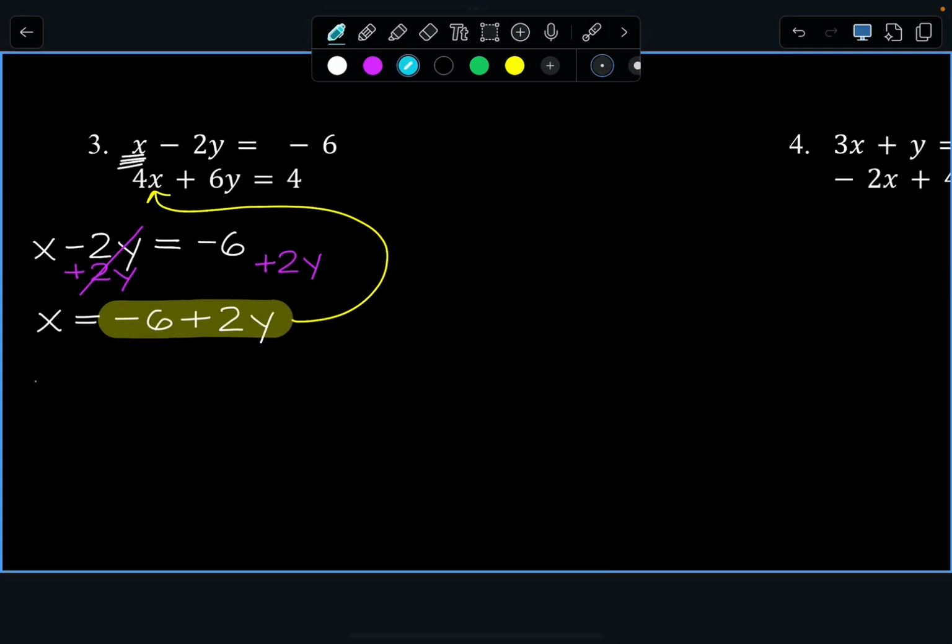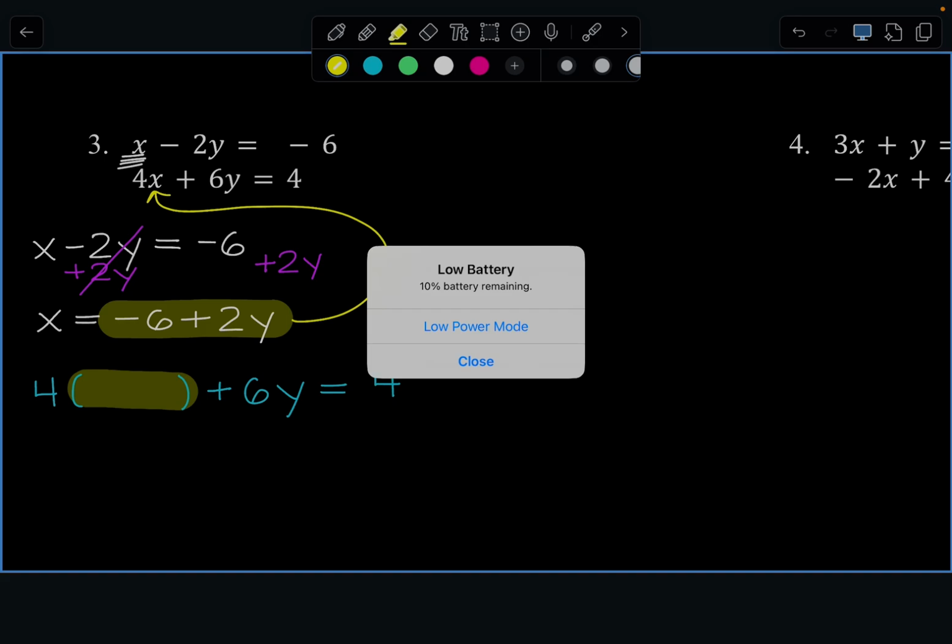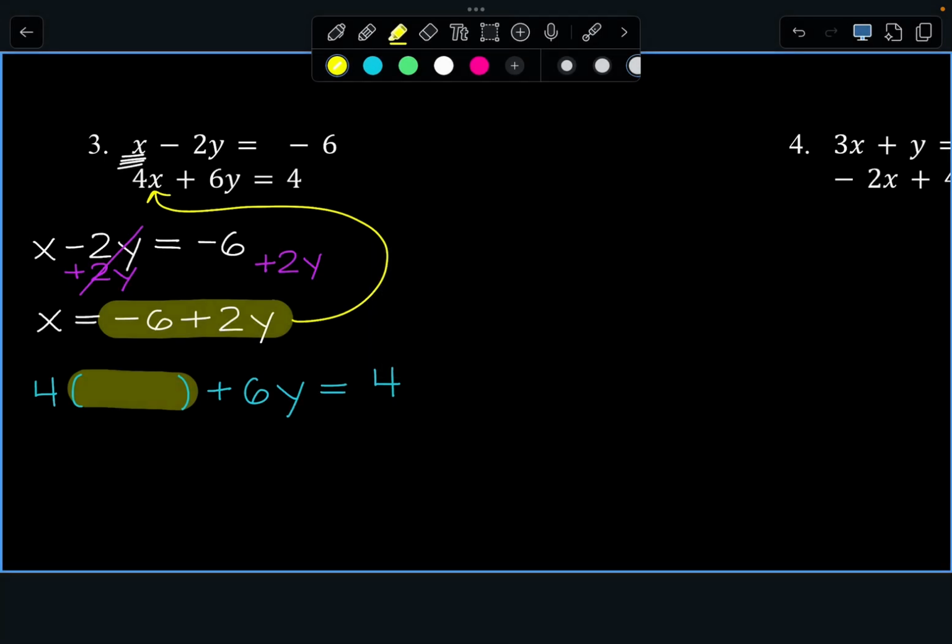So we've got 4x plus 6y equals 4. Remember, we're substituting for x, so that's going to go right in here. So 4x plus 6y equals 4.